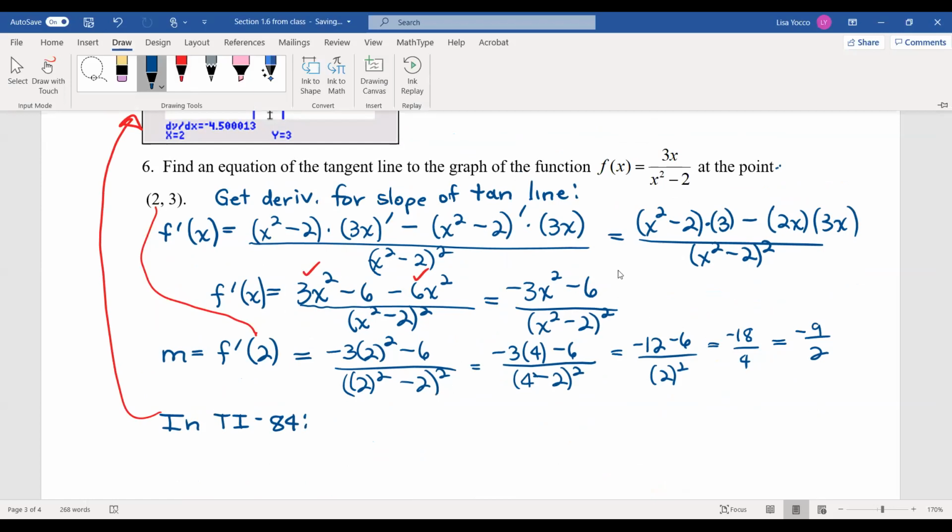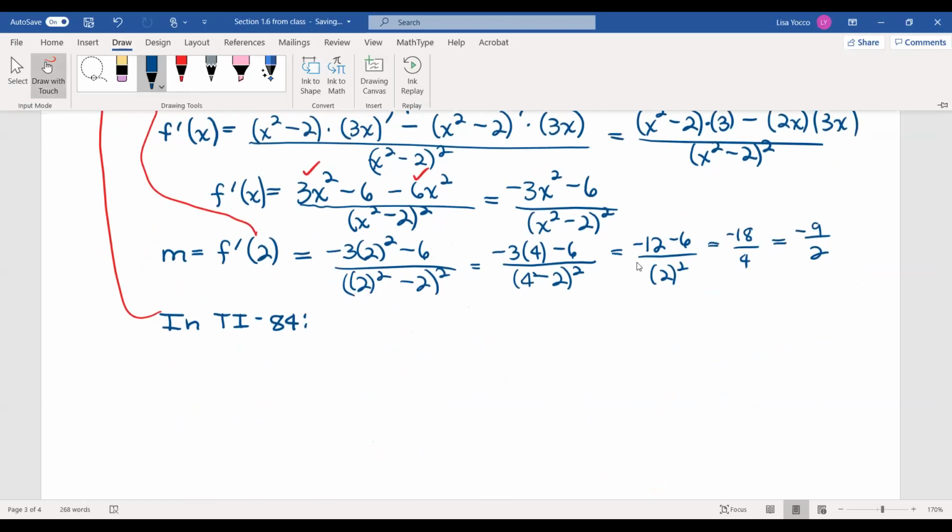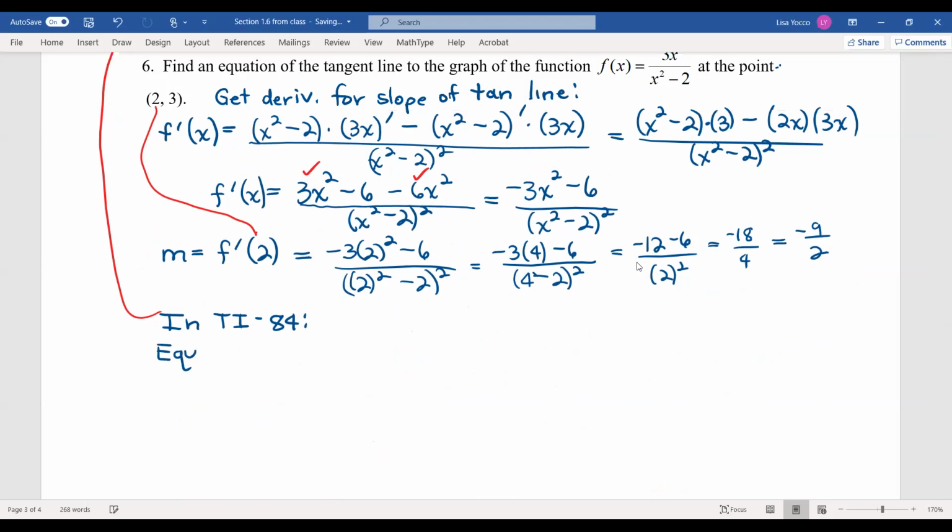All right, so that's the slope. Now we need to do the algebra, get the equation of the tangent line. That's y minus y1 equals m times x minus x1. All right, our point 2, 3.